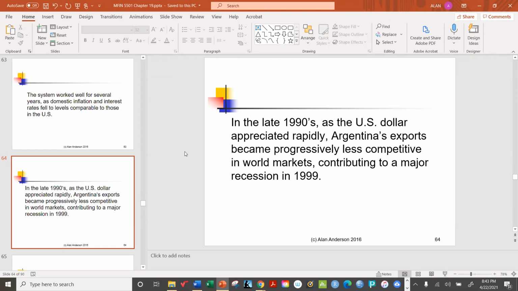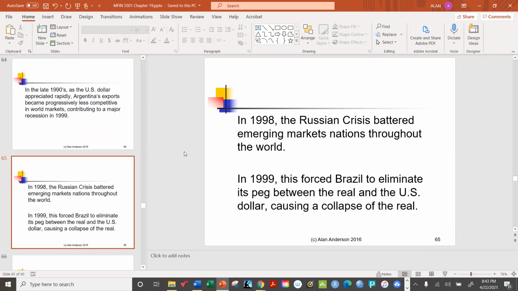and of course that was contributing to it. And of course the Russian crisis in 1998, when what happened there is that Boris Yeltsin, the president of Russia, announced to the world that he would not honor the debt issued by the Soviet Union. Okay, now of course, communism officially fell in the Soviet Union in 91. And so up to that point, of course, they had a lot of debt.